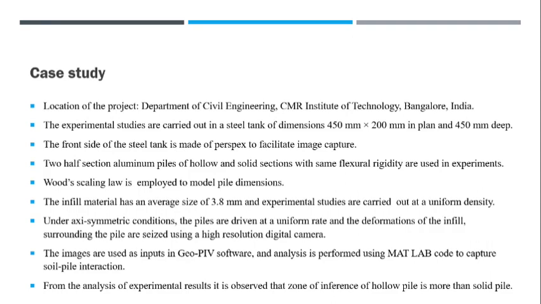The front side of the steel tank is made of perspex to facilitate image capture. Two half section aluminum piles of hollow and solid section with the same flexural rigidity are used in experiments. Wood's scaling law is employed to model pile dimensions.